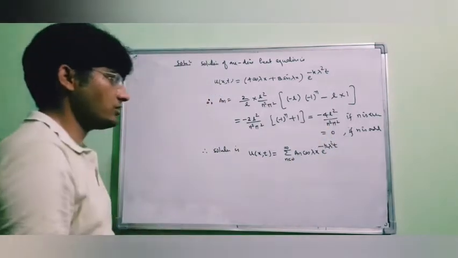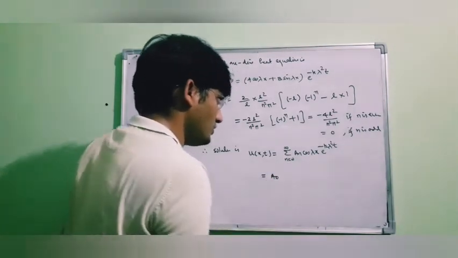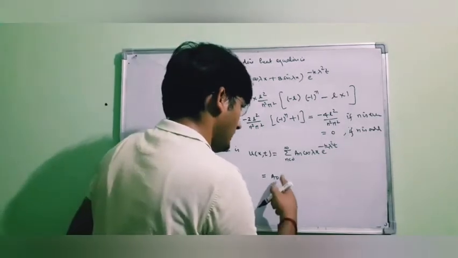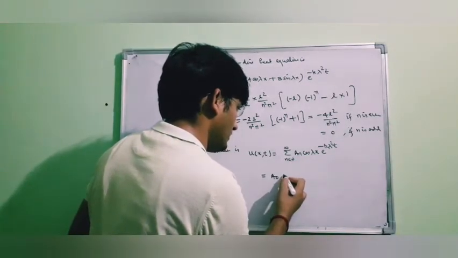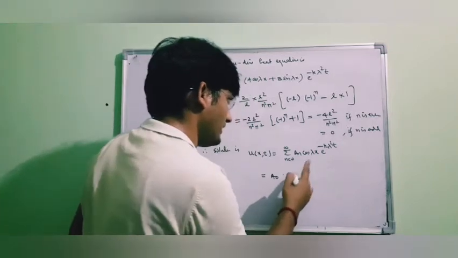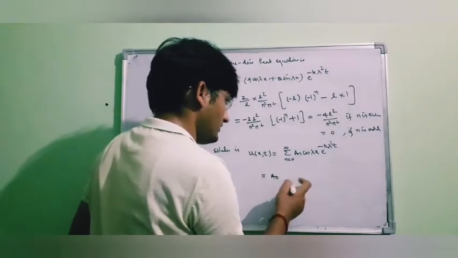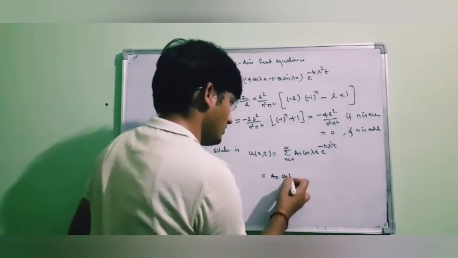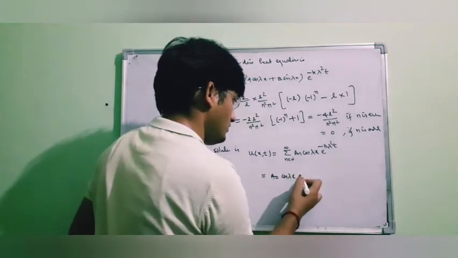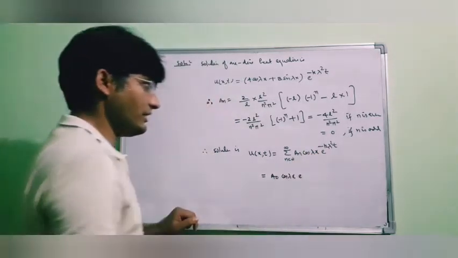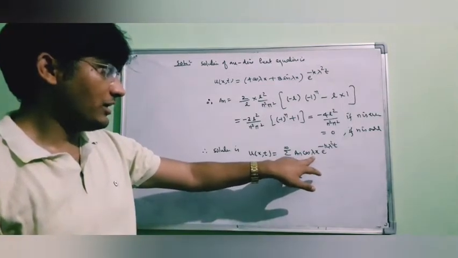This was our solution, and if we break it into parts, then this will be your a naught if n is 0, and then cos(lambda x) into e power minus k lambda square t. So we can write it as a naught cos(lambda x) if your n is 0 into e power, and lambda was n pi upon l.